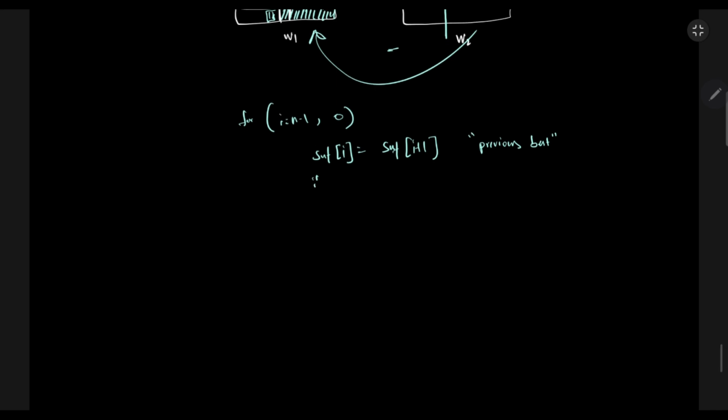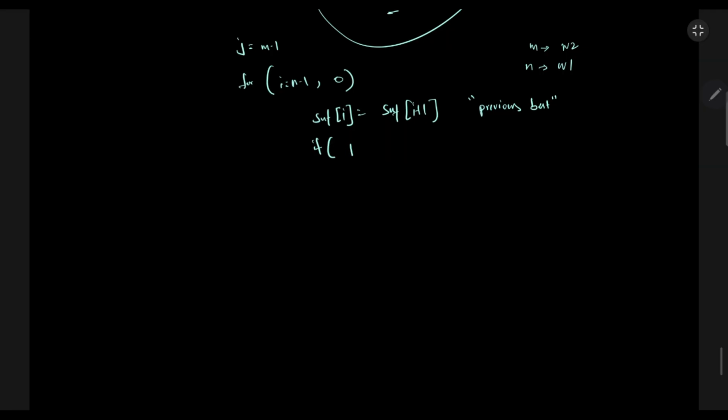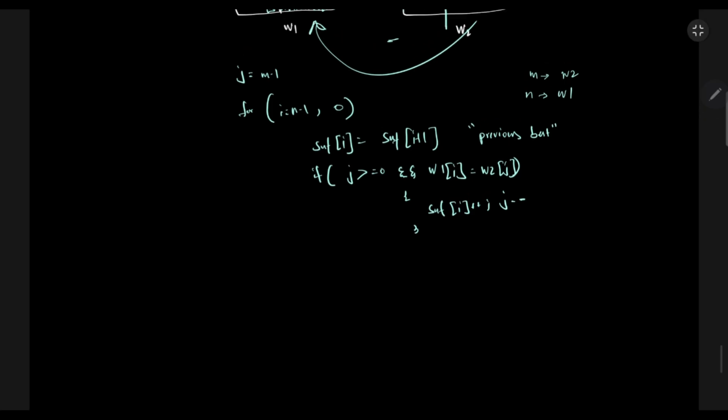Okay, now over here our j will start from m minus 1, and here m is the size of word2, n is the size of word1. All right, and here we'll write one for loop: if j is greater than or equal to 0 and word1 of I equal to word2 of j, then we'll increase our suffix of I, and also we'll do j minus minus because it gets covered over here, right?